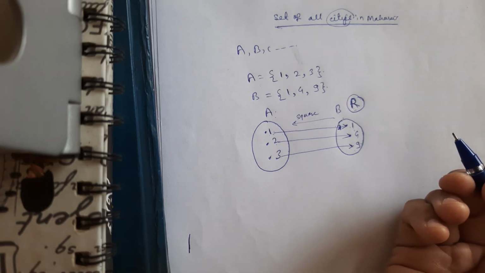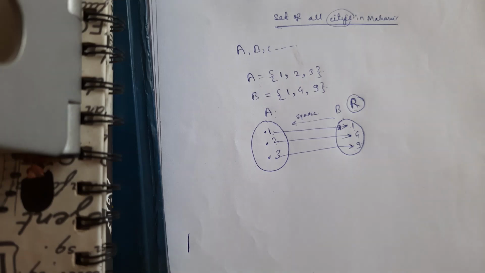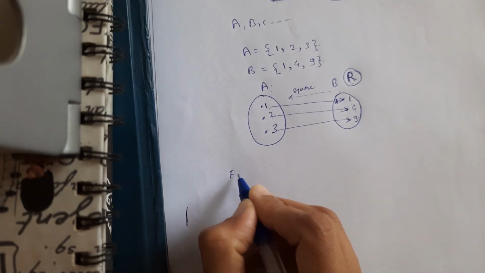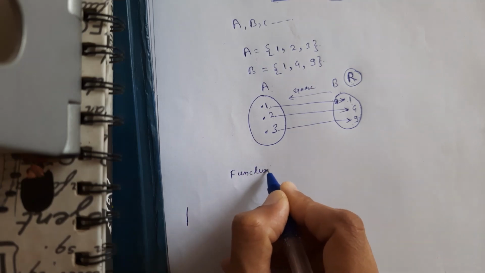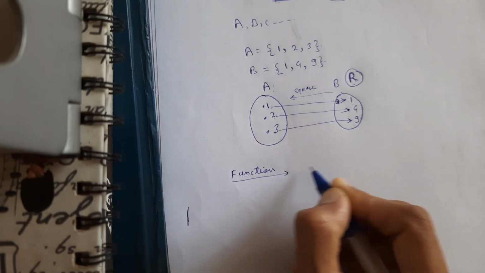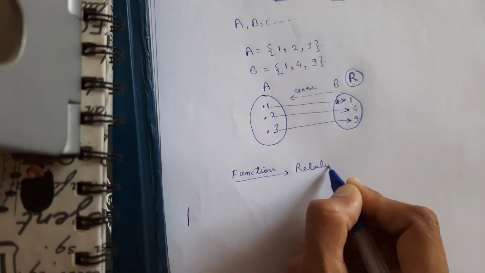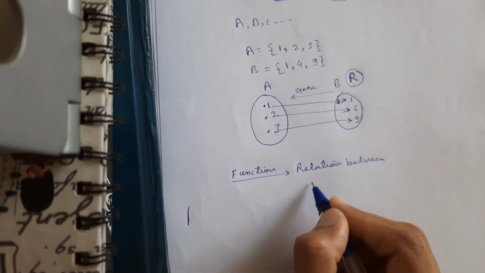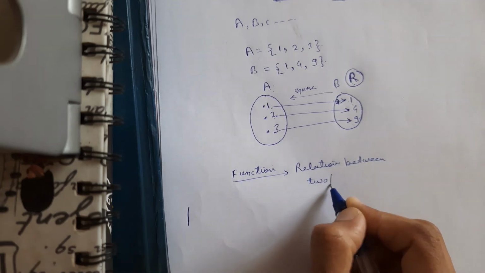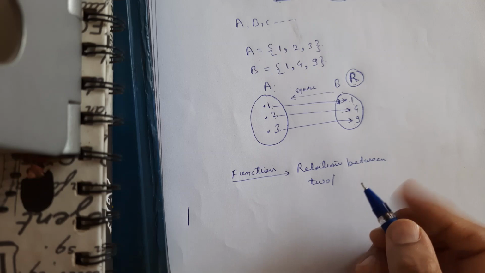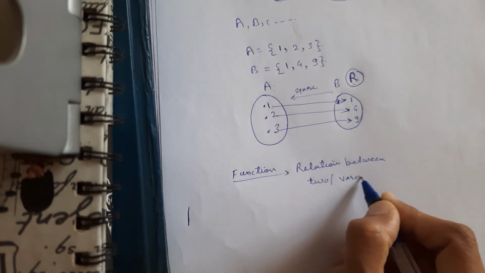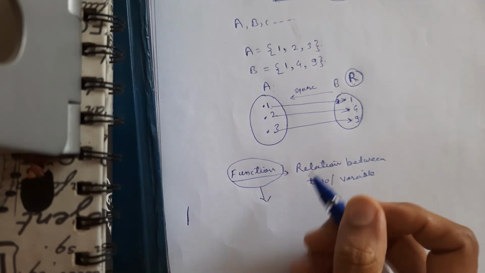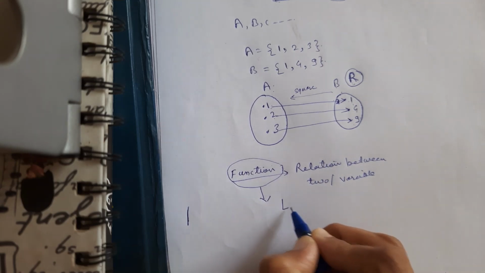Now this thing you already know. Simply, a function is also a relationship between two variables. A function is nothing but a relation between two or more than two variables, but we are discussing here only two variables. This term function was introduced by Leibniz.